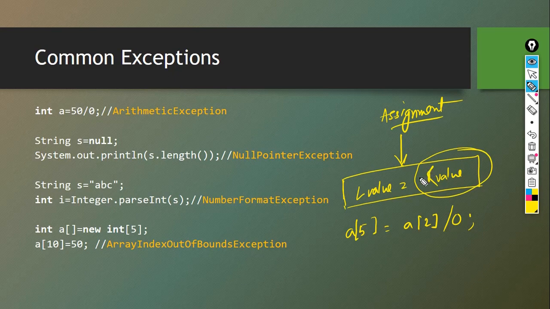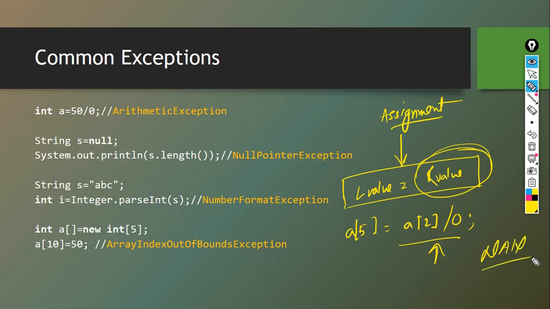Whatever comes in the R value is calculated first, then only that result from the R value expression is going to be assigned into the L value. So first of all this one will be calculated. When it is calculated here, I already get this error. Then when I go to assign, the value I got is obviously going to be the NaN value.